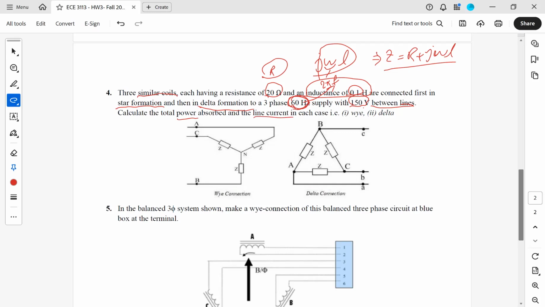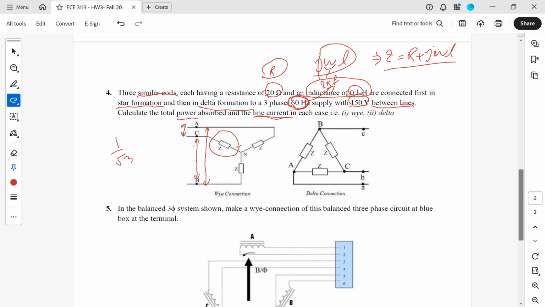For power, we first need to have the current so we know how much current these loads consume. We know that the line voltages are 150, meaning the voltage between each two lines is 150. In a star connection, we know that the voltage across each impedance is 1 over square root of 3 times the magnitude of the line voltage.